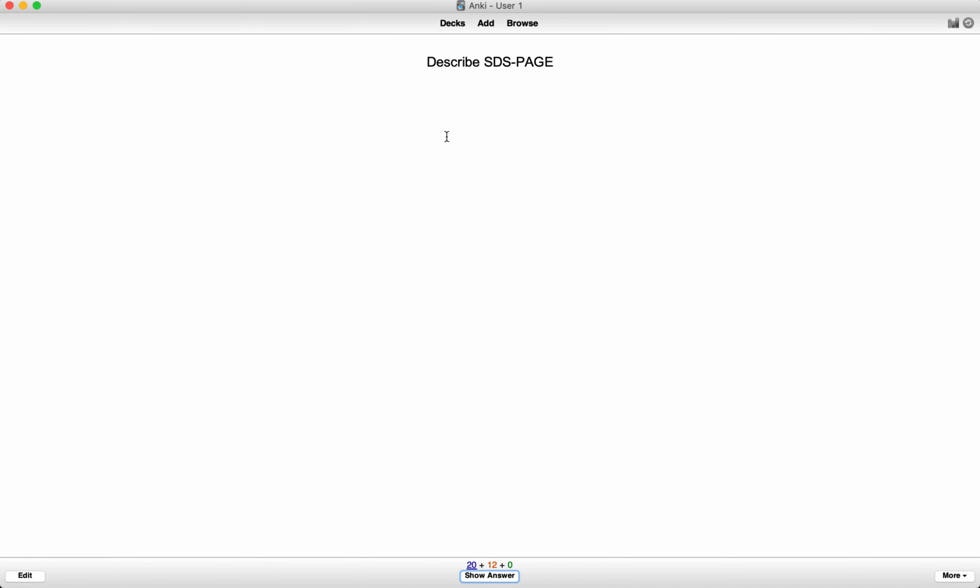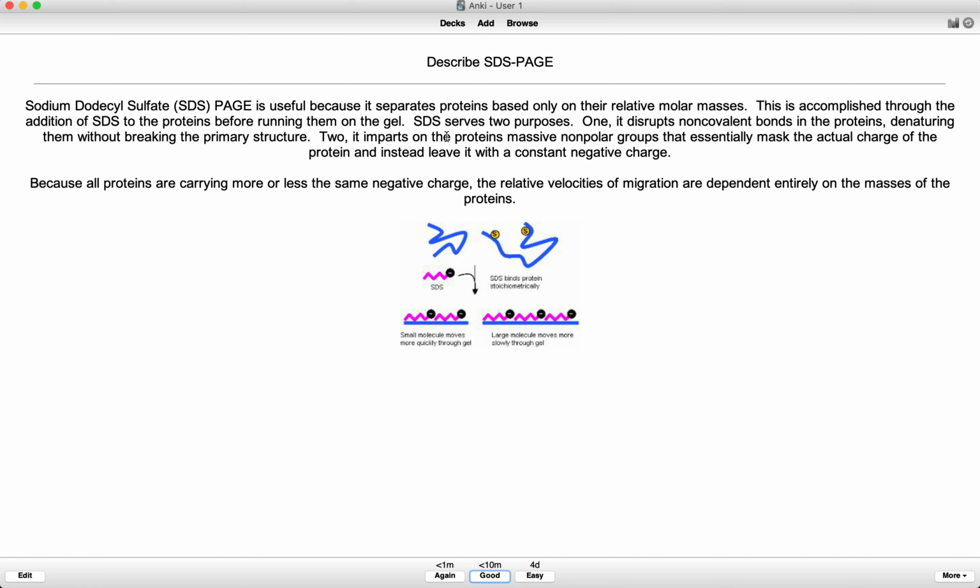SDS-PAGE, no idea. It's used to separate proteins based only on mass by adding SDS. So it makes every protein constant, because all proteins are more or less the same, making them depend on mass.